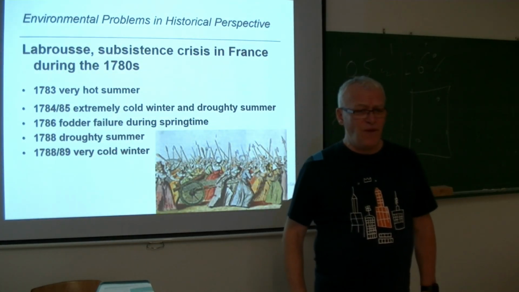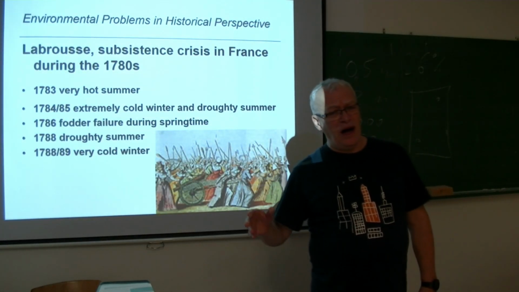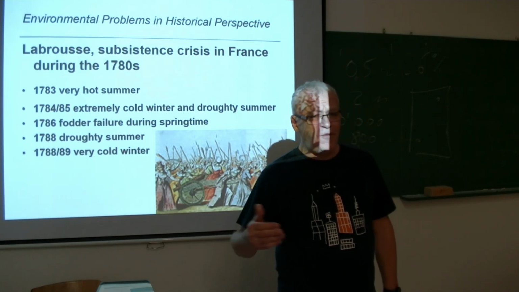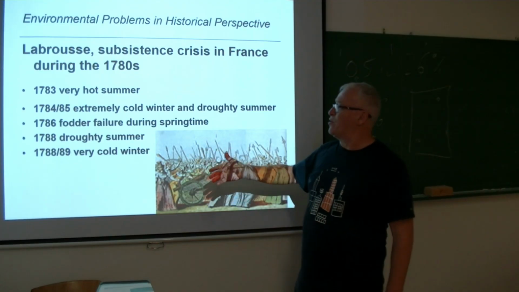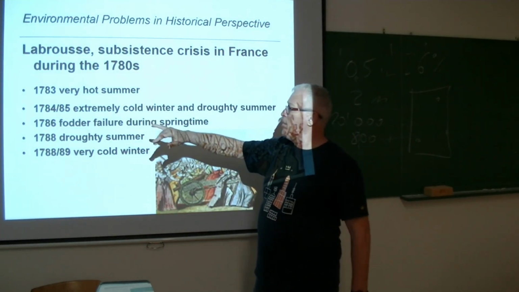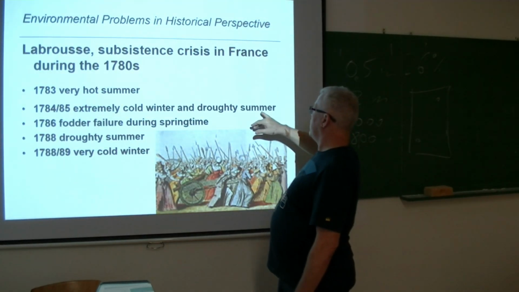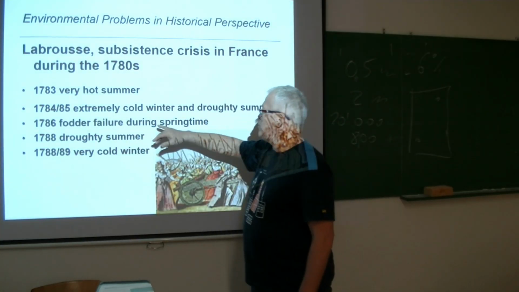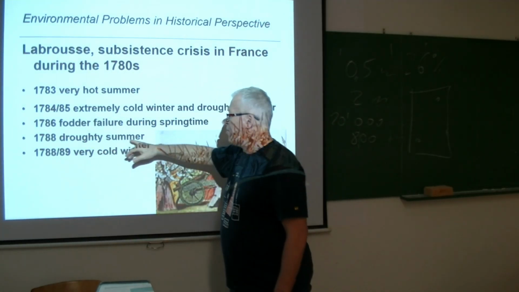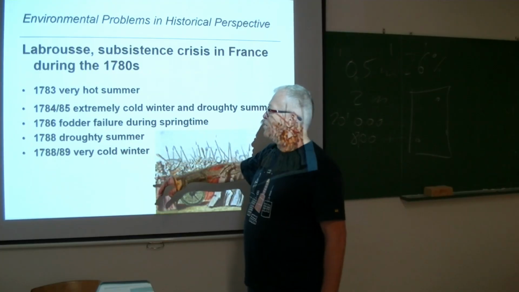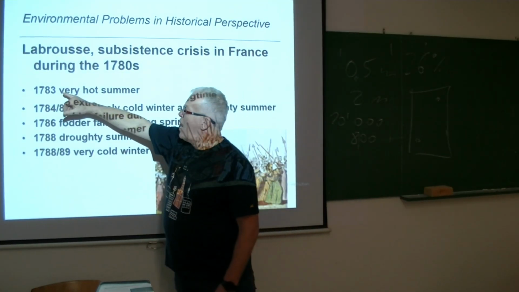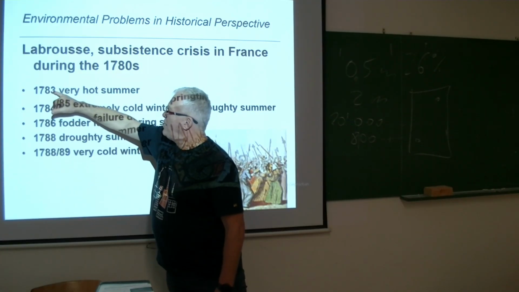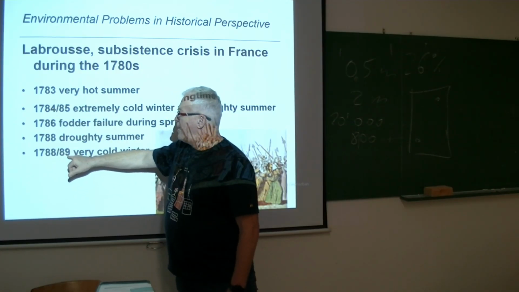But if we are looking at the agrarian history before the French Revolution, disaster followed disaster. Very hot summer, extremely cold winter, and drought summer, fodder failure during the springtime, drought summer, very cold winter, and calculate how many years happened between 83 and 89.